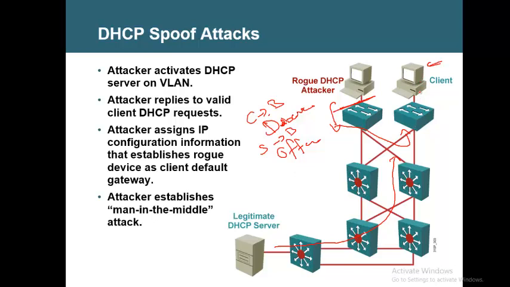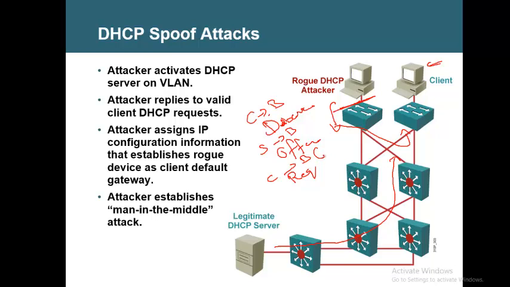So the client sends the request as again a layer 2 broadcast to the server, to the server's MAC address. And the server receives it. Not only the server's MAC address, he will even know the server's IP address.